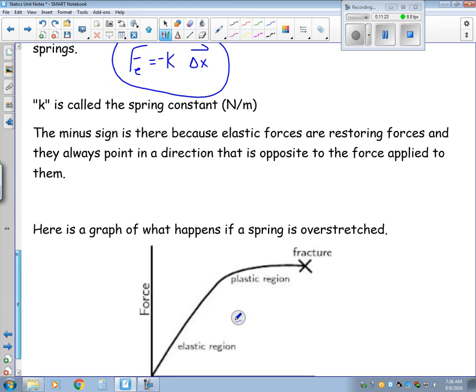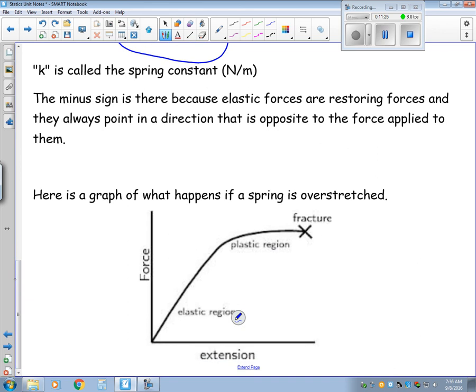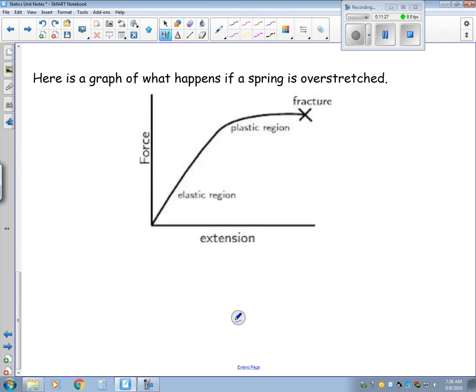Now, if we were to continue with our graph, we have two regions. First off, we have the elastic region, which is right about here, back to the origin. This is where Hooke's law works.